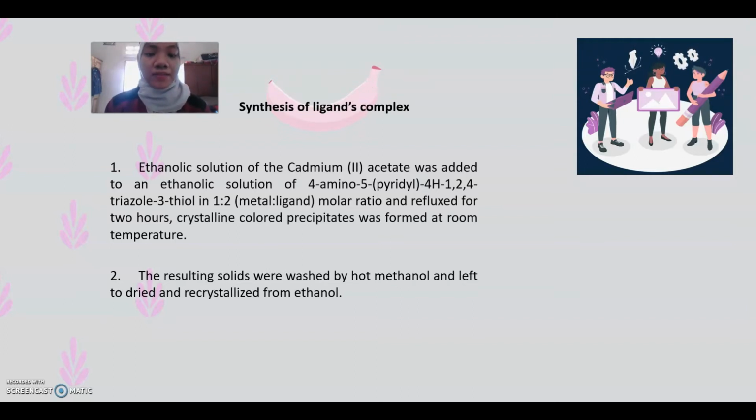Crystalline colored precipitate was formed at room temperature. The last step is the resulting solid was washed by hot methanol and left to dry and recrystallized from the ethanol. Thank you.